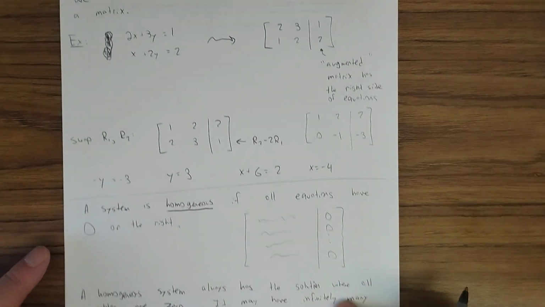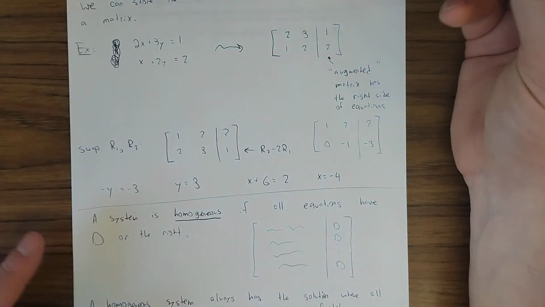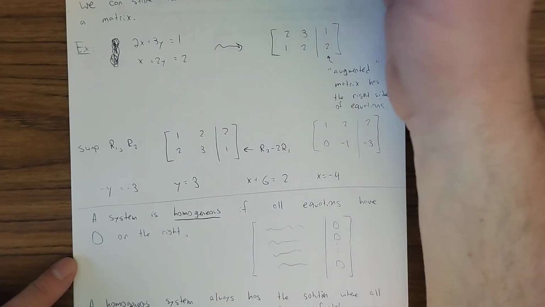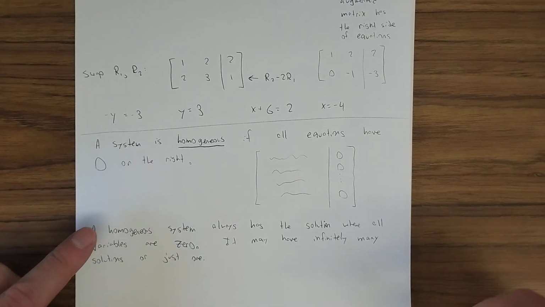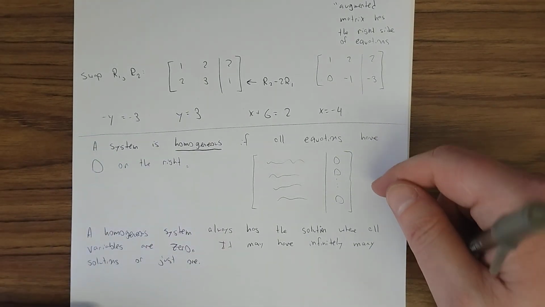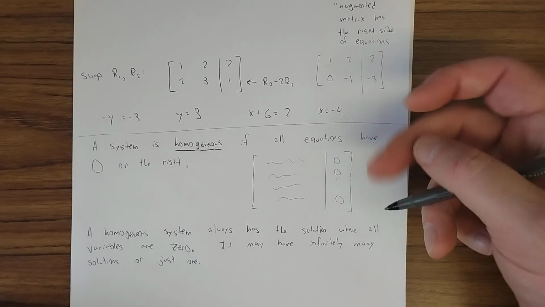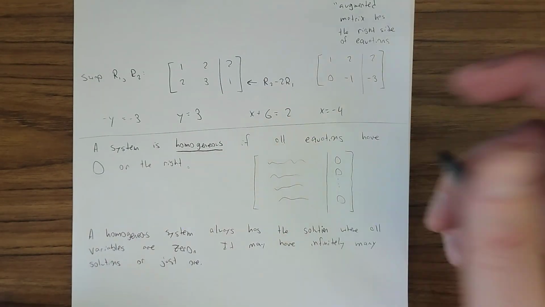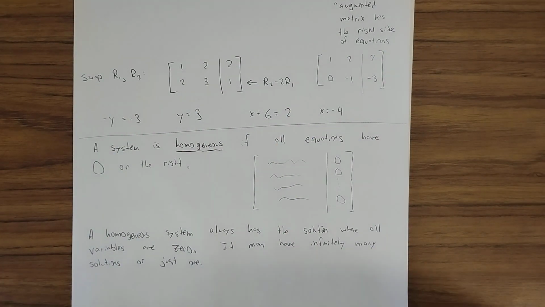And when I say the right-hand side, I'm always visualizing it like this, where all the variables are on the left and the right-hand side is just a number. So if those numbers on the right-hand side are all zeros, in other words, the augmented matrix would look like this. I have this vertical line, and these are all the right-hand sides, and these are all zeros, and the left is just whatever, so I just scribbled. That's what we call homogeneous, when it's all zeros over here.